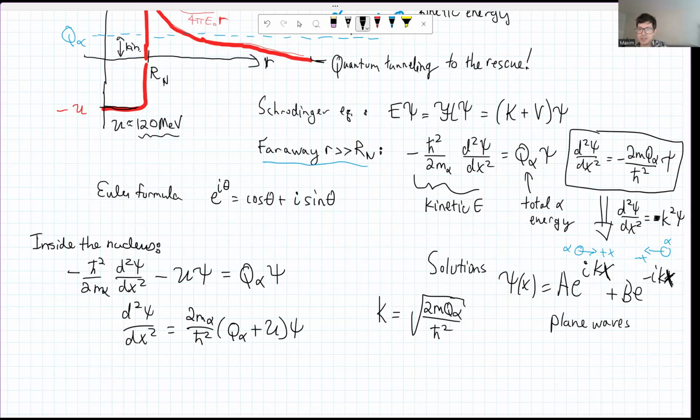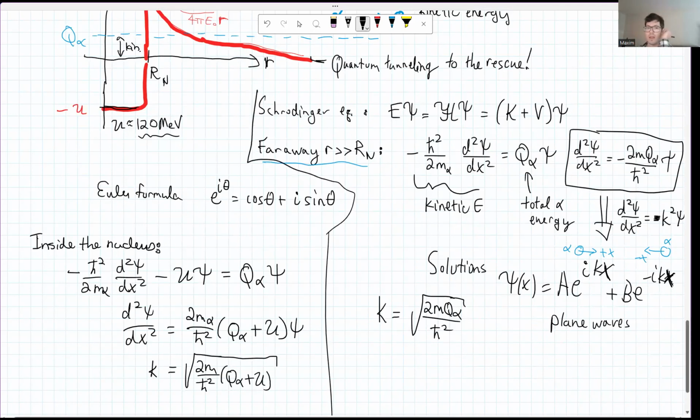So same kind of equation, except now k is equal to square root of 2m over h bar squared times q alpha plus u. Okay, so that's inside and sort of far away from the nucleus.